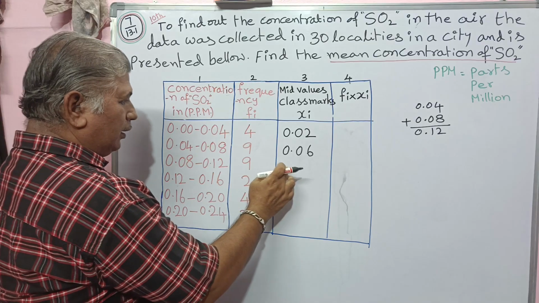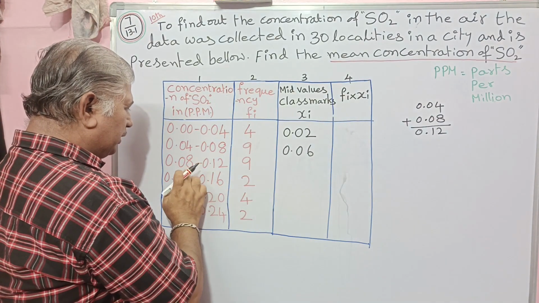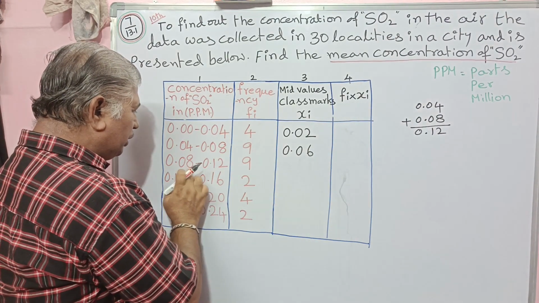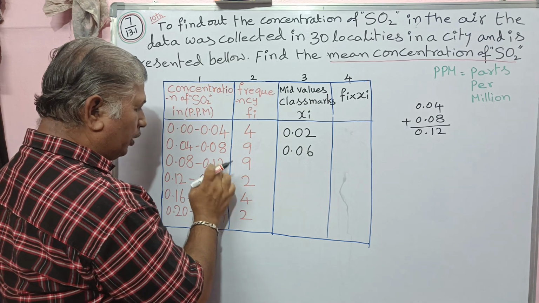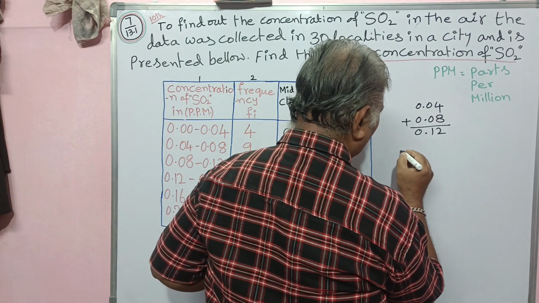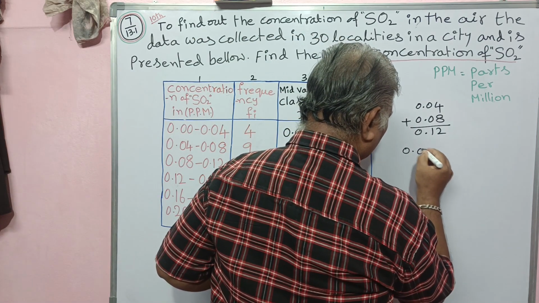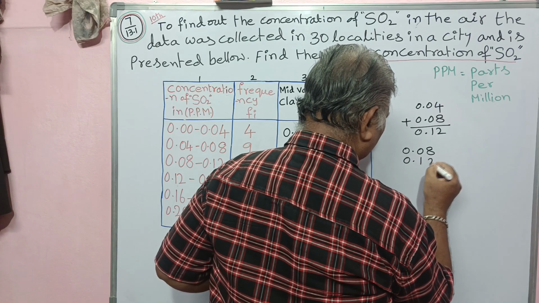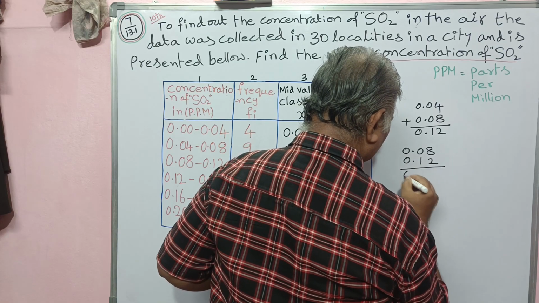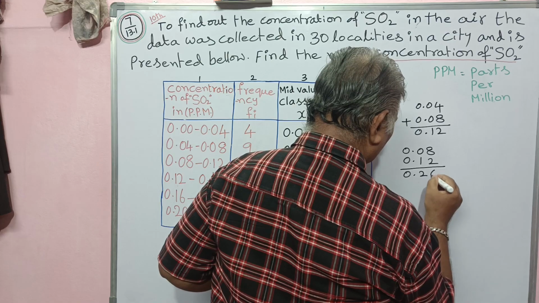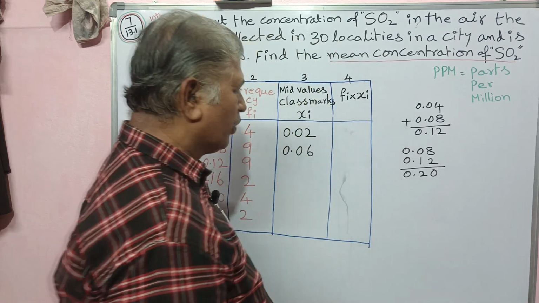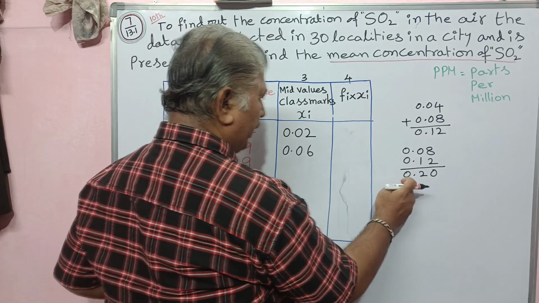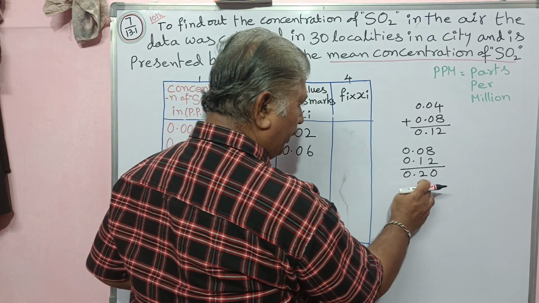And take the third row. This is the third class, 0.08 to 0.12. 0.08 plus 0.12 is 0.20. Make it half, then it will become 0.10.